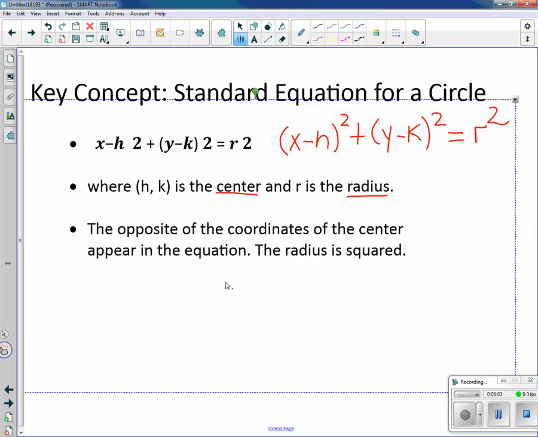The opposite of the coordinates of the center appear in the equation. It's the opposite of what it says in the equation. Okay? Have I lost anybody so far? All right. The radius is going to be squared. That is key.